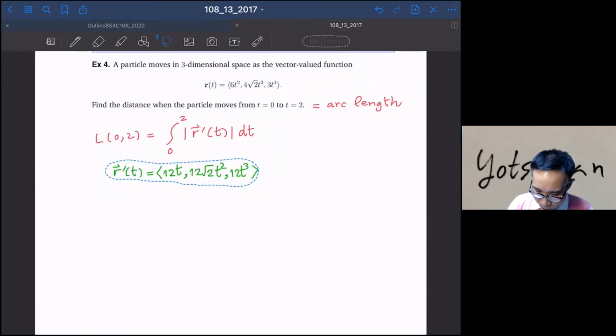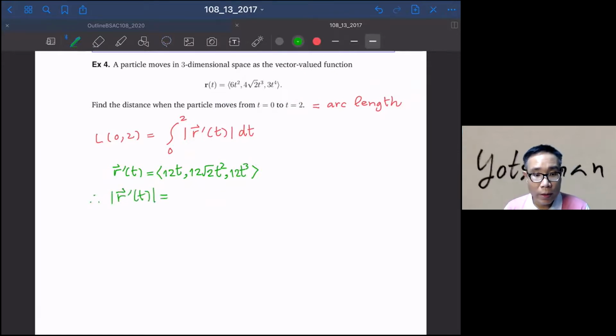The norm of r prime t turns out to be the square root of (12t) squared plus (12 square root 2 t squared) squared, plus (12 t cubed) squared.